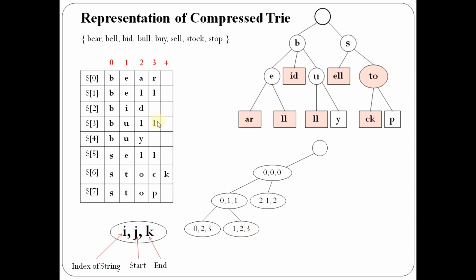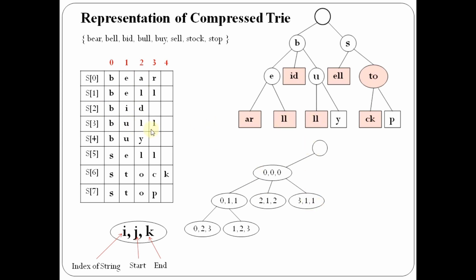Similarly for ID. ID appears here, that is the index of the string is equal to 2. Then its starting position is 1 and ending position is 2. That is 2, 1, 2. For the U, it appears in string 3. Starting position is 1, ending position is also 1. So I have mentioned here 3, 1, 1.